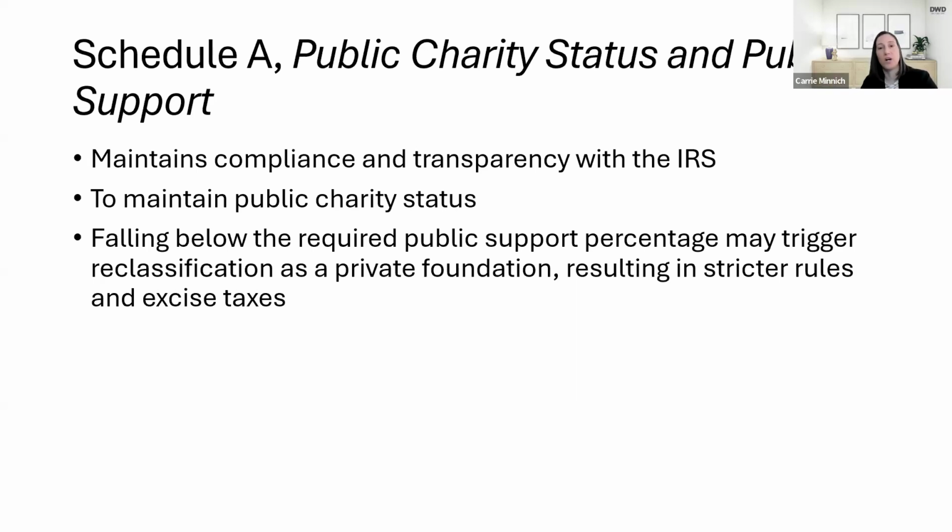That is not what they want, but sometimes it happens. So Schedule A is filled out every year with Form 990 to determine whether those nonprofits that have been determined a public charity continue to be a public charity. So again, there are different rules. That's why it's so important to make sure that if your organization is a public charity, it continues to be a public charity.